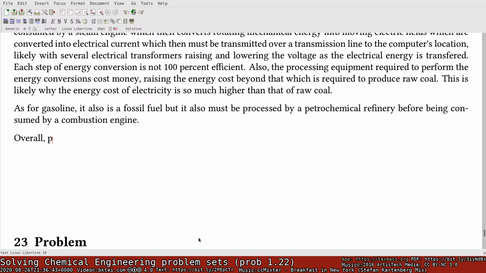Overall, processing equipment and cost of extraction.